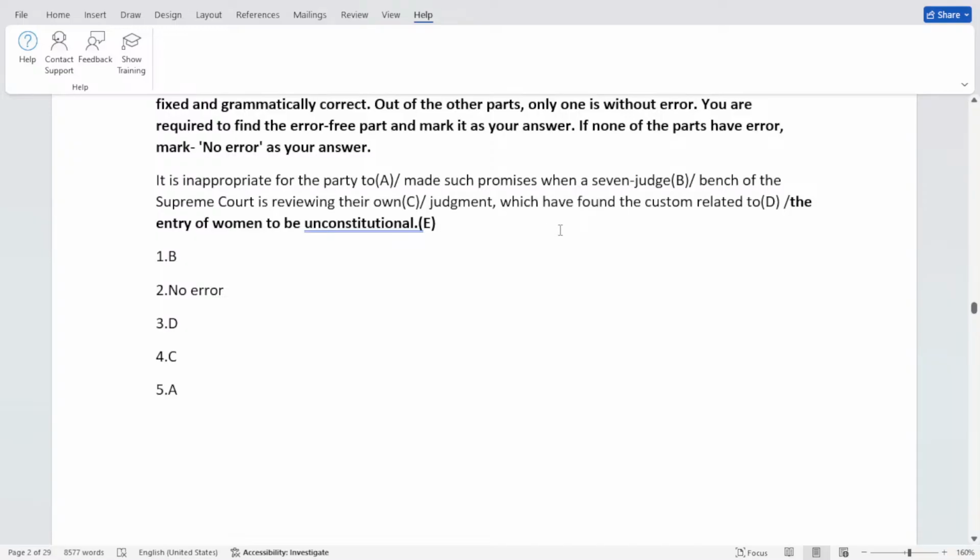So had is supposed to come here. Had found the custom related to the entry of the women to be unconstitutional. So accordingly, what will be the correct answer? We have to see. So only a statement is correct. So now we will go for the next question.